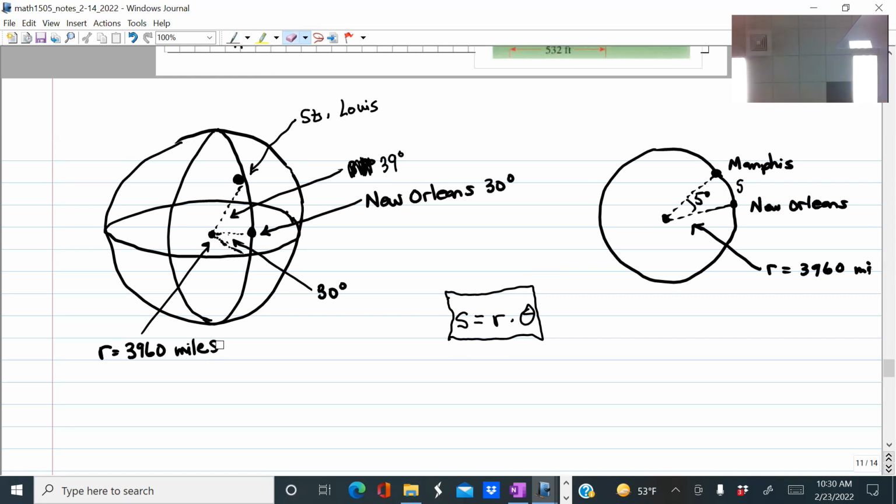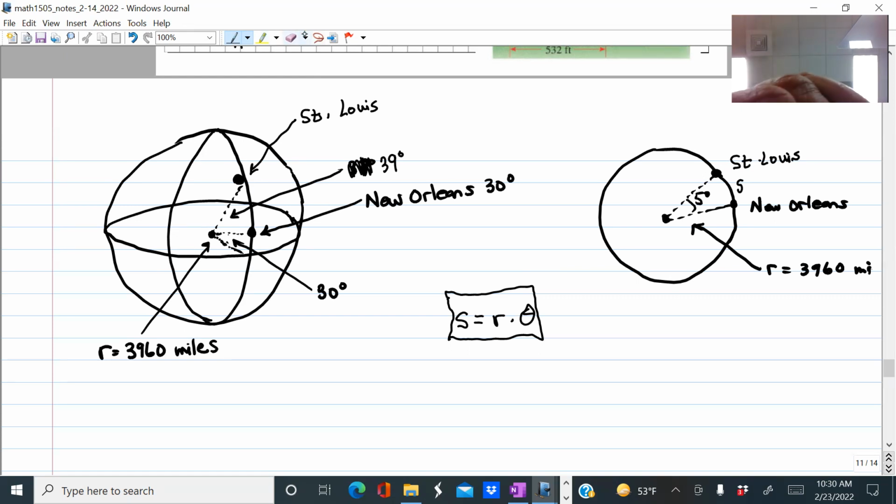So what I've done is taken the meridian that these two cities lie on, extracted that, and laid it flat here. Of course that's going to give you this circle. And here's St. Louis, and there's New Orleans.